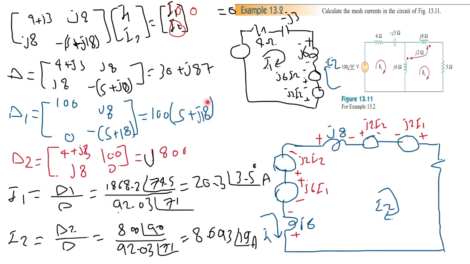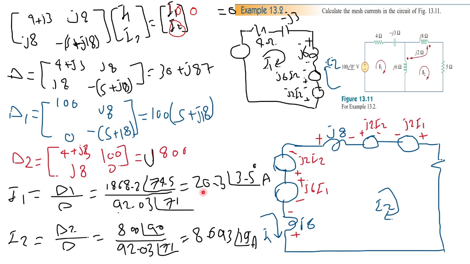If we convert the right hand side here into the polar form, it would be 1868 at an angle of 74.5. And similarly, we can convert delta into the polar form, 92.03 at an angle of 71.